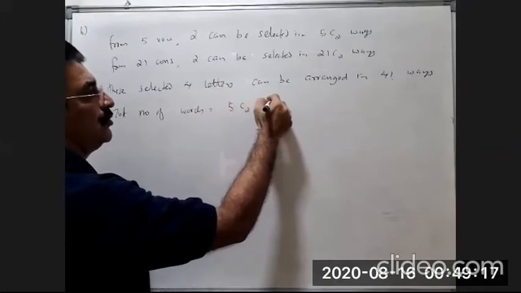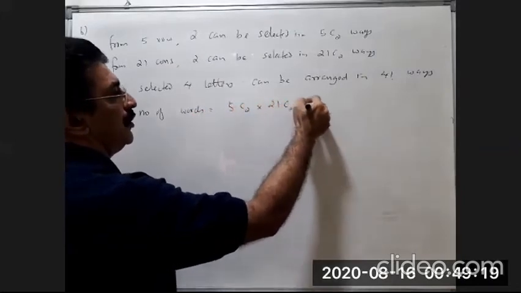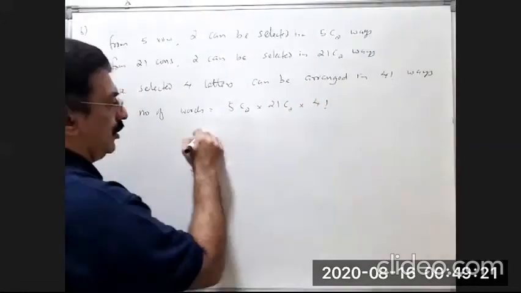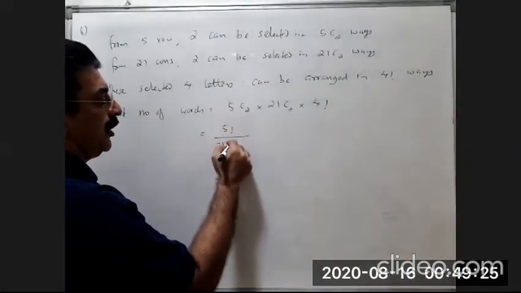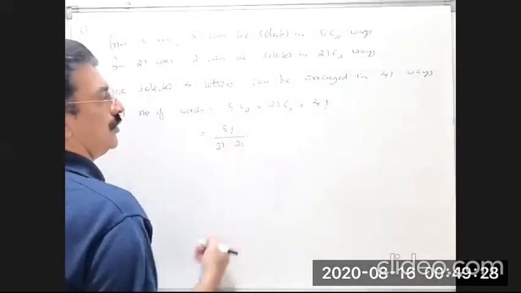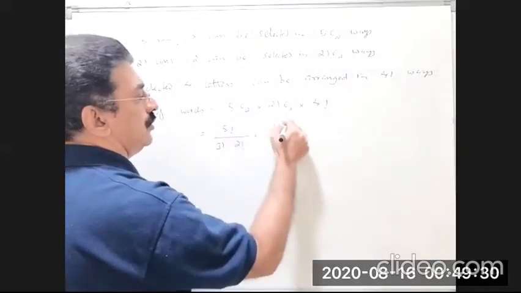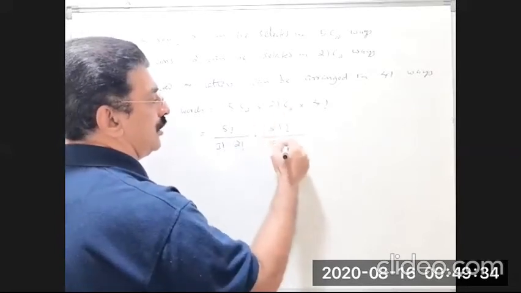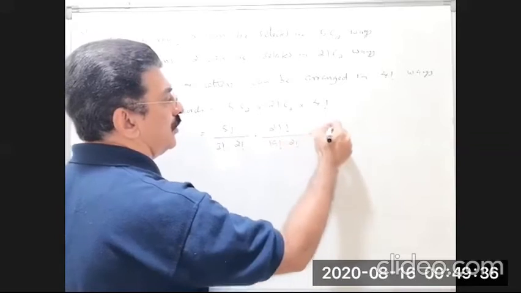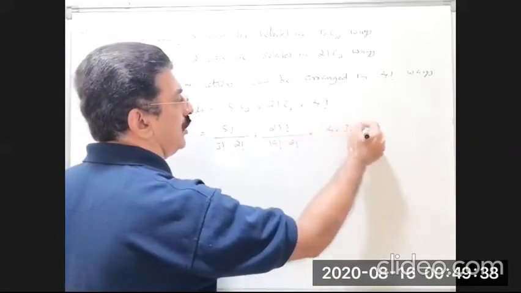5C2 into 21C2 into 4 factorial. That is 5 factorial by 3 factorial 2 factorial, times 21 factorial by 19 factorial 2 factorial, times 4, 3, 2, 1.